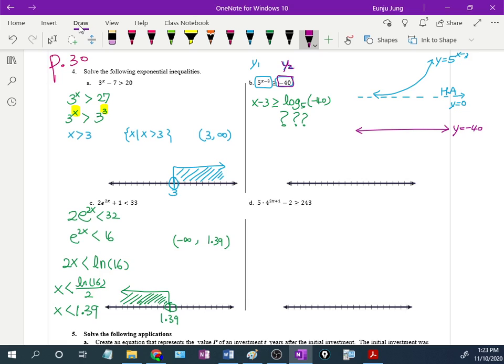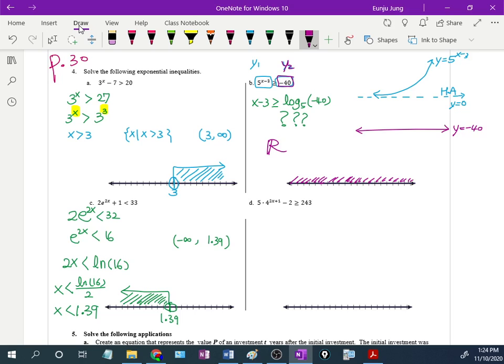So the top one, the blue one, is greater than or equal to negative 40, which is the purple one. Is it greater than or equal to everywhere? Yes, it is, right? So the answer will be all real numbers. You can shade everywhere. All real numbers, that is it.